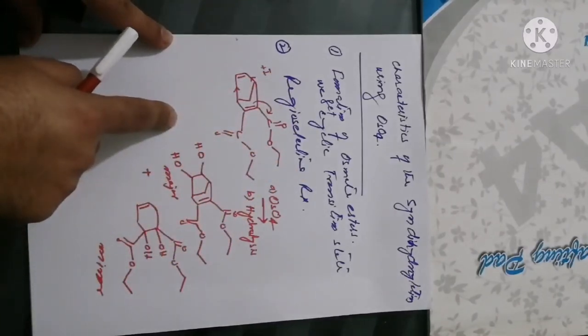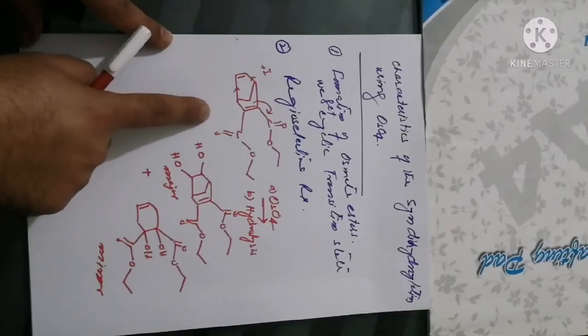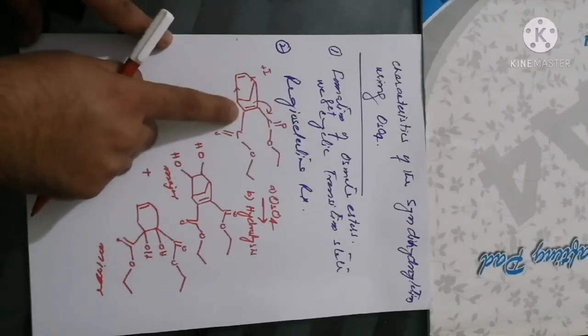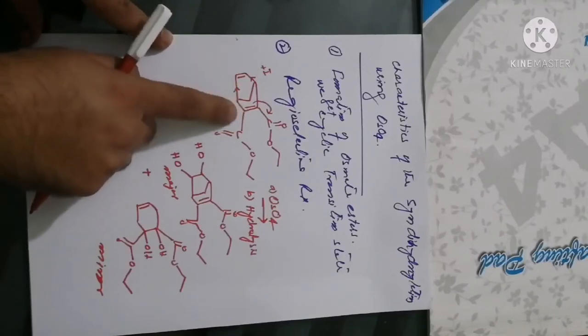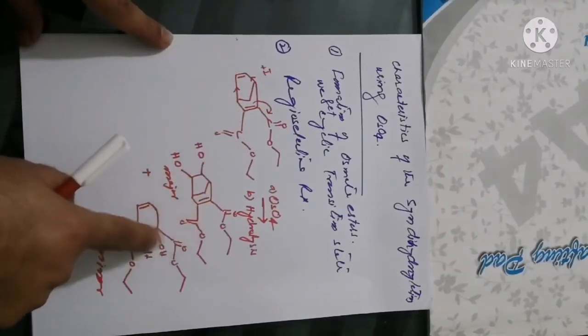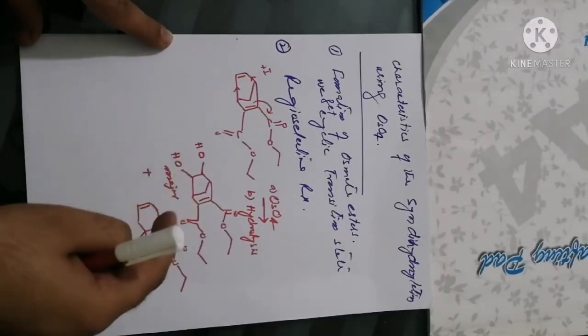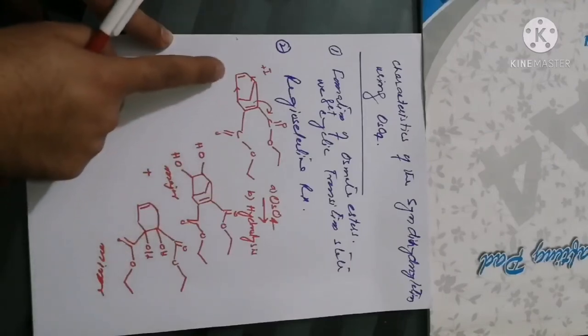Regioselectivity is that in your starting molecule, if there are two similar reactive sites, which will react faster, and we will get two constitutional isomers, and one of them is in the major amount. So what is happening over here?